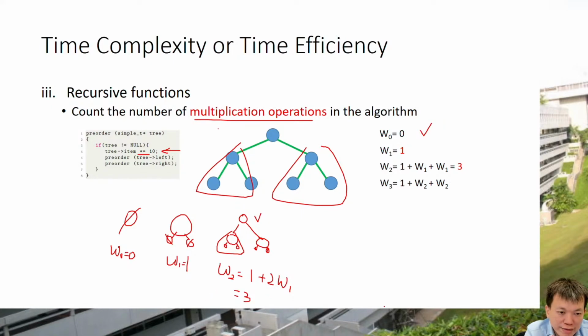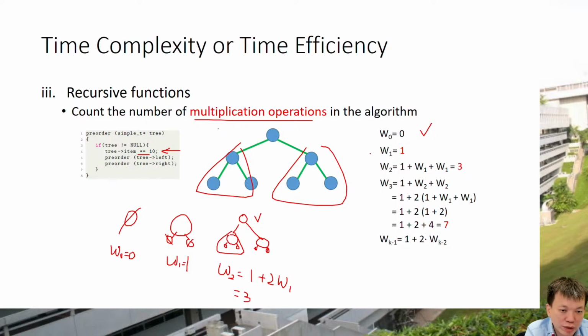Then soon you will realize there's a pattern. W3 is 1 plus 2W2, which is 7. Okay, so soon you can derive it: Wk minus 1 is equal to 1 plus 2k.